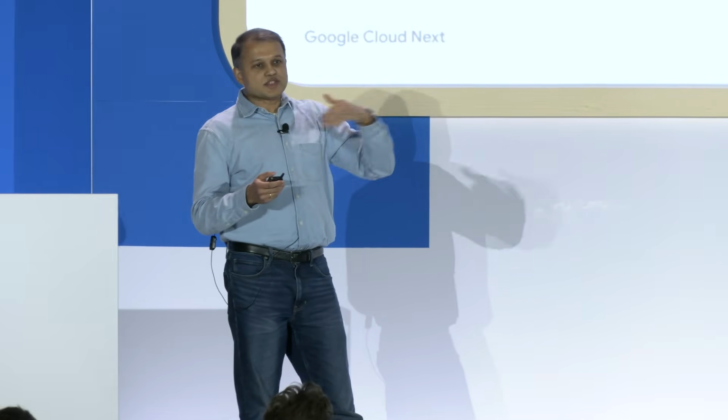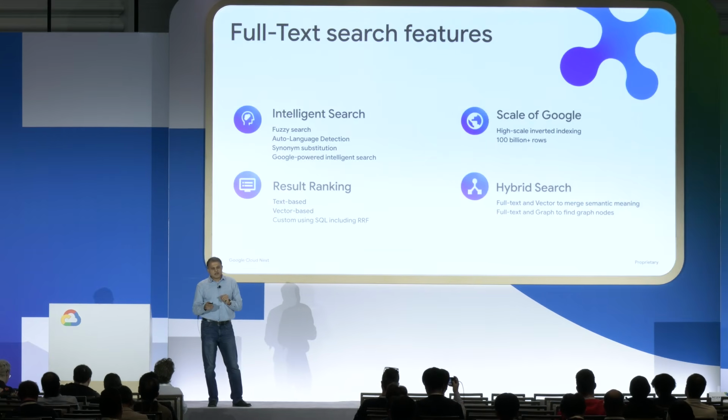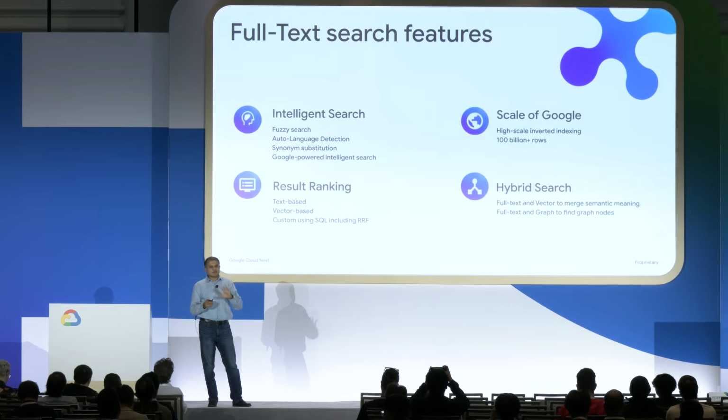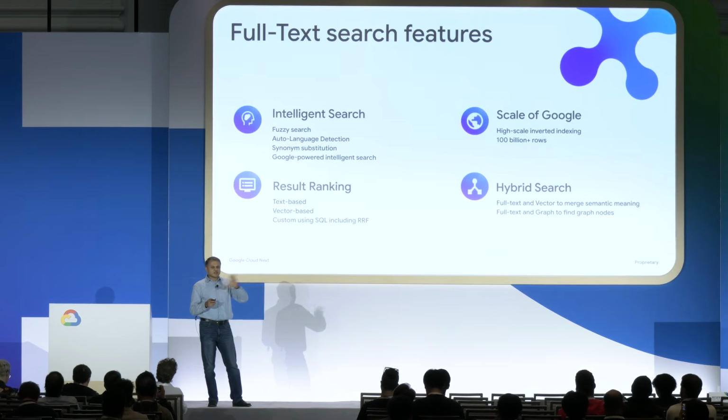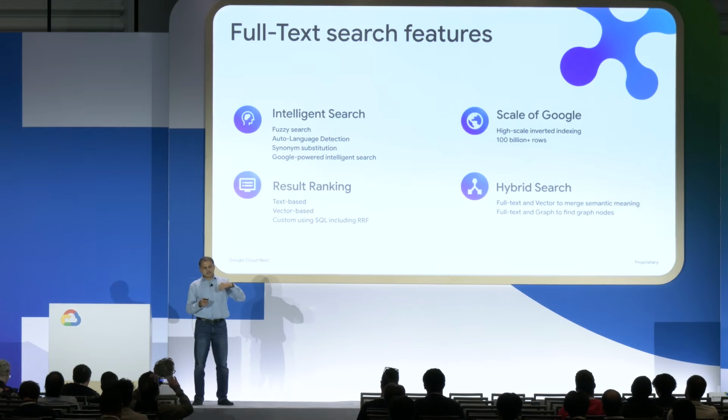All right, let's go into each of these components in some detail. For full-text search, this is the standard token-based search that many of you are familiar with. You can define a tokenization of specific data in your Spanner table, and we will build the inverted index and allow you to search on it.